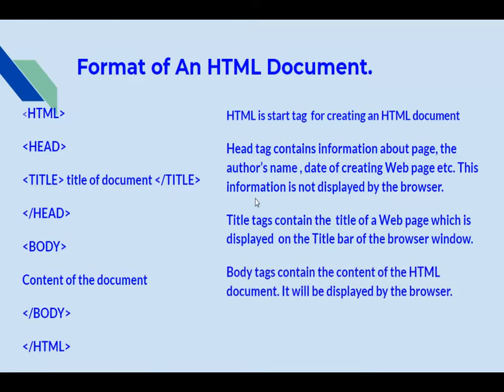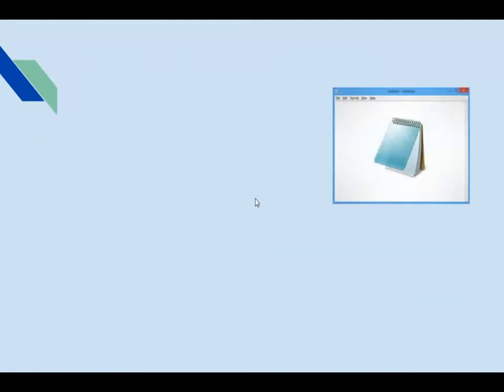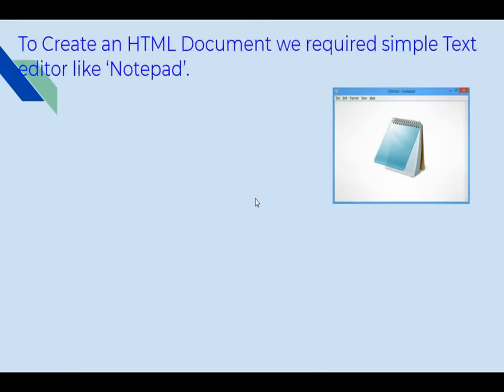Then the body tag. The body contains the content of the HTML document: whatever you want to show on your web page, you have to write in this body section. At last, slash HTML shows that your document has ended.